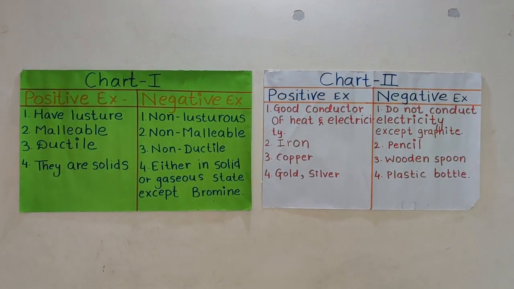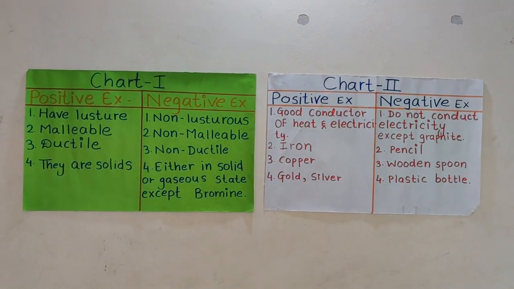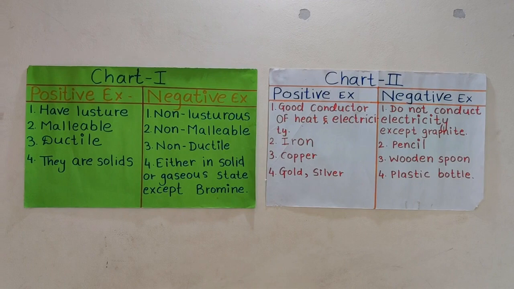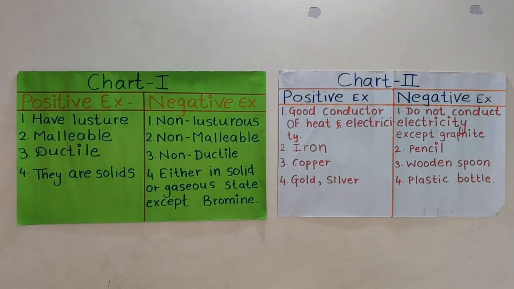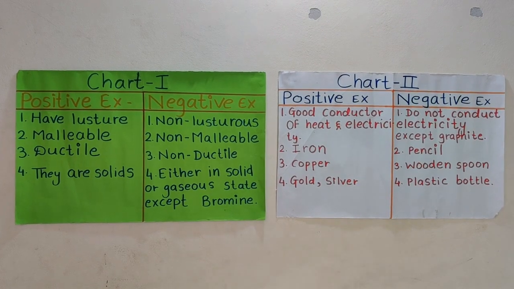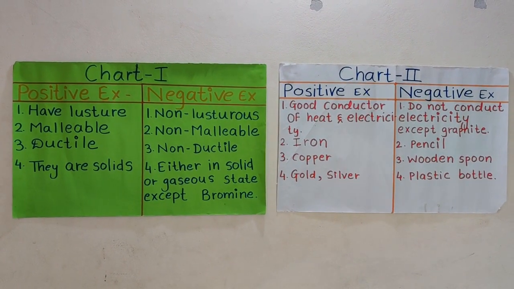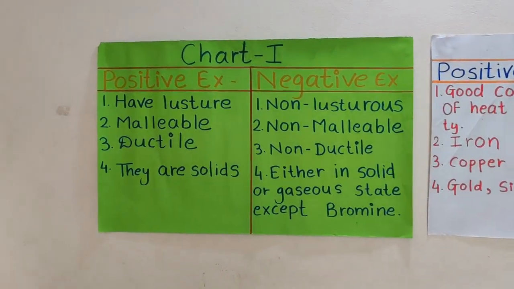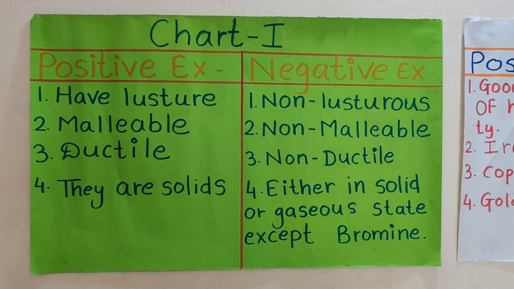From the first chart, we observe only properties, that is luster, malleable, ductile and solid. And from the negative examples, they are non-lustrous and non-malleable. Yes, very good.